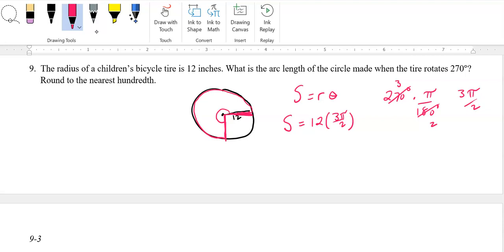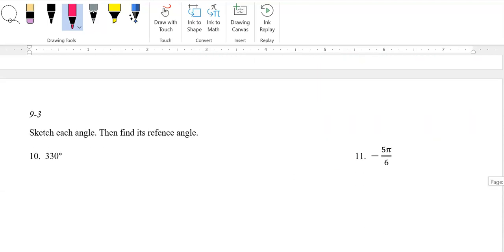And then divide that by 2. To the nearest tenth, that would be 56.5. And again, the radius is in inches, and so that would be the units that we use for the arc.